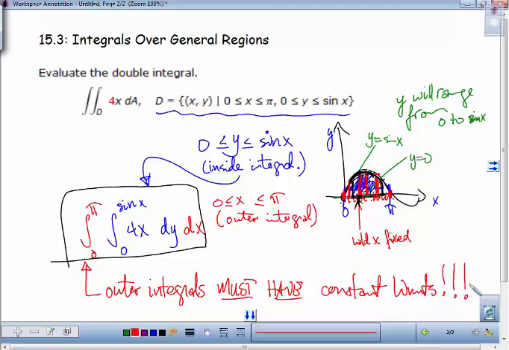If there's anything to take out from today, it's just that your outer integral limits must be constant! Well, think about this. We want a value out of this.